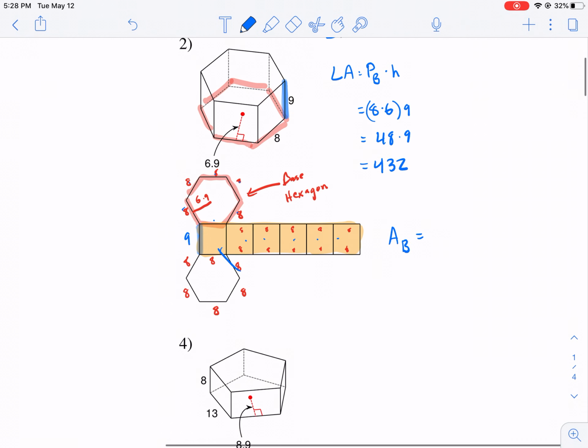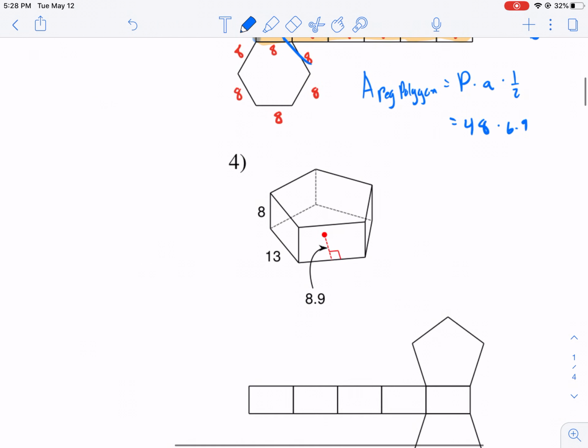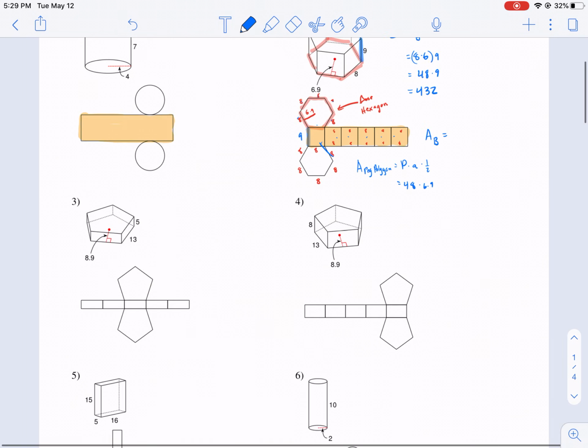How do we do that? Well, we apply the area formula for a regular polygon, which is the perimeter times the apothem, times 1/2, or divided by 2. Our perimeter is going to be 8 times 6, which is 48. Our apothem is given as 6.9, and you're going to be doing this with any of these regular shapes that give the apothem.